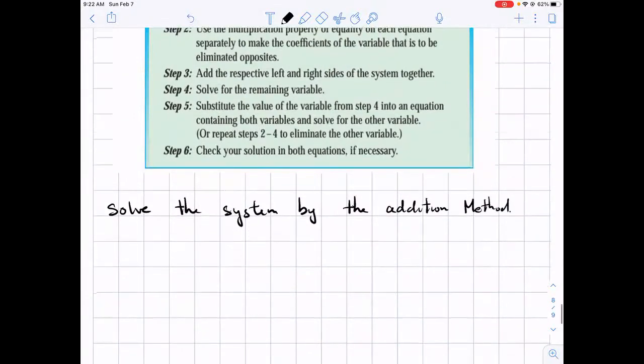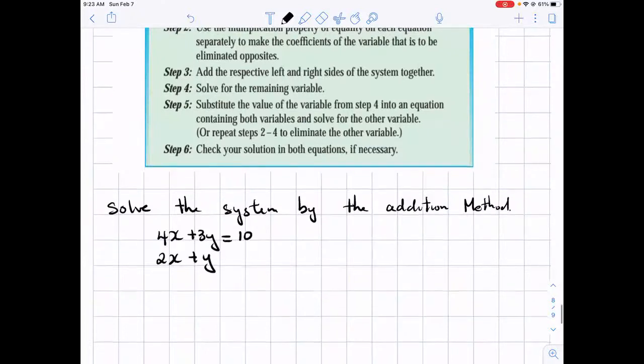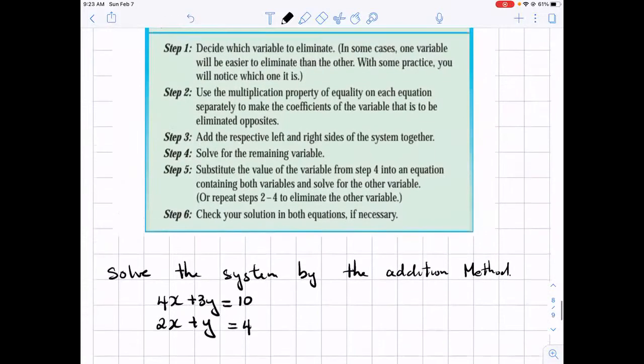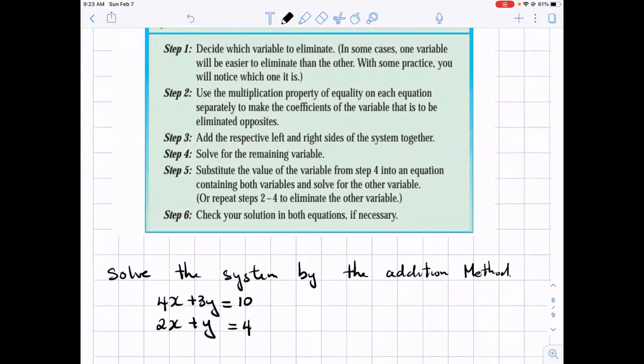And our two equations are 4x plus 3y is equal to 10, and 2x plus y is equal to 4. Now you will notice that if you add these two equations, okay, nothing cancels. The x's or the y's do not cancel.